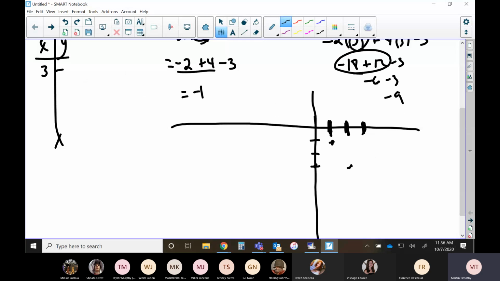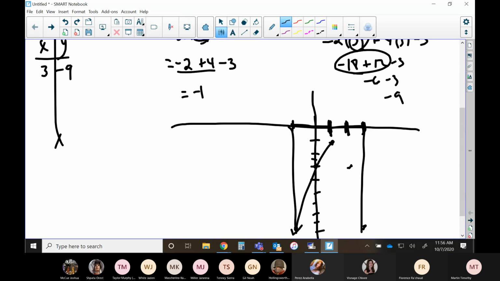So it would be 3, -9. So 3, 4, 5, 6, 7, 8, 9. 3, -9. And then I went over 1, 2, and then down to this. So I'm going to go back 1, 2, and down to this. And boom, there's my parabola.